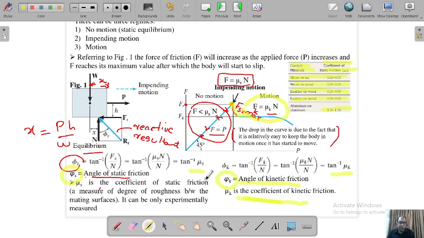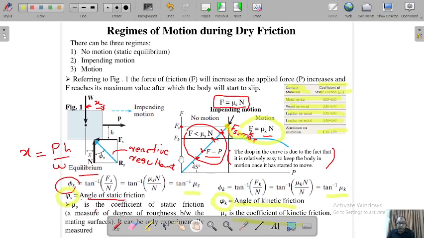Again, this is a very important concept, because this graph plays a very pivotal role in understanding the regimes of motion. You can call this case 1, this case 2, and if the body is in motion, this will be case 3. We will discuss the cases one by one.